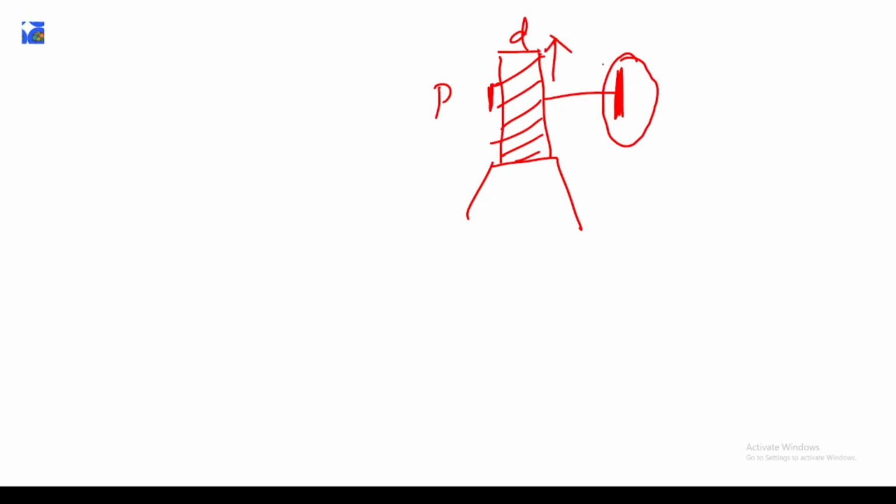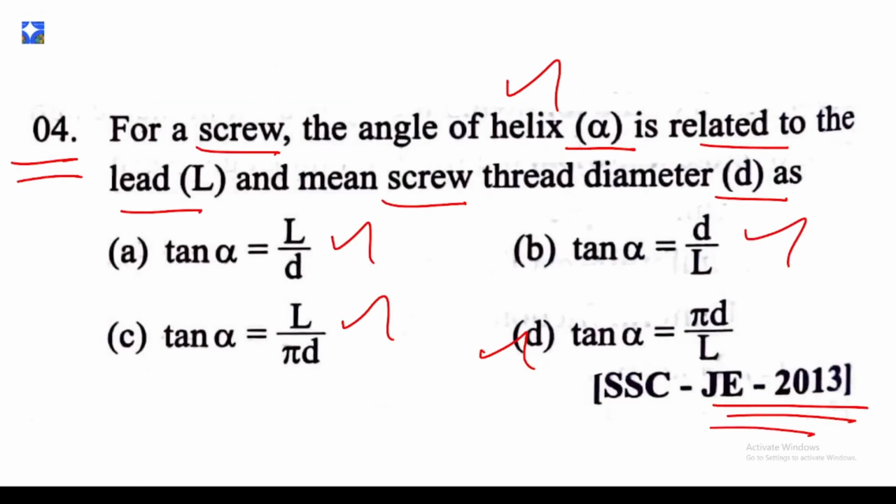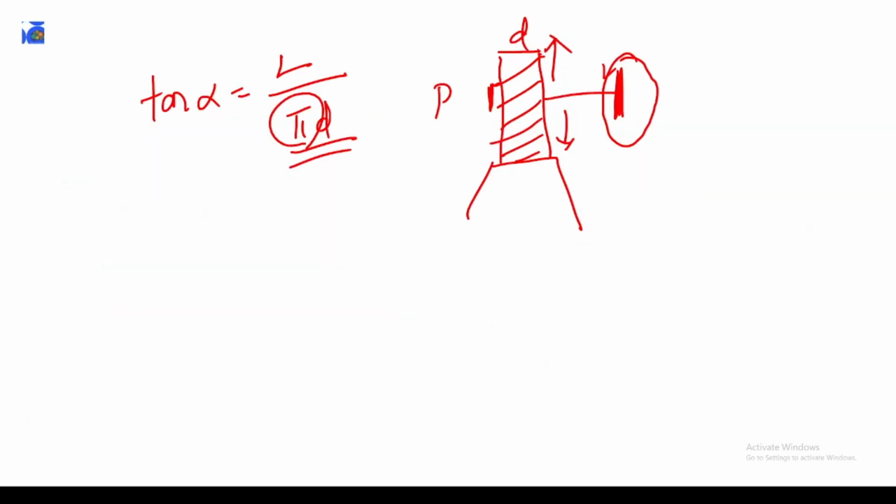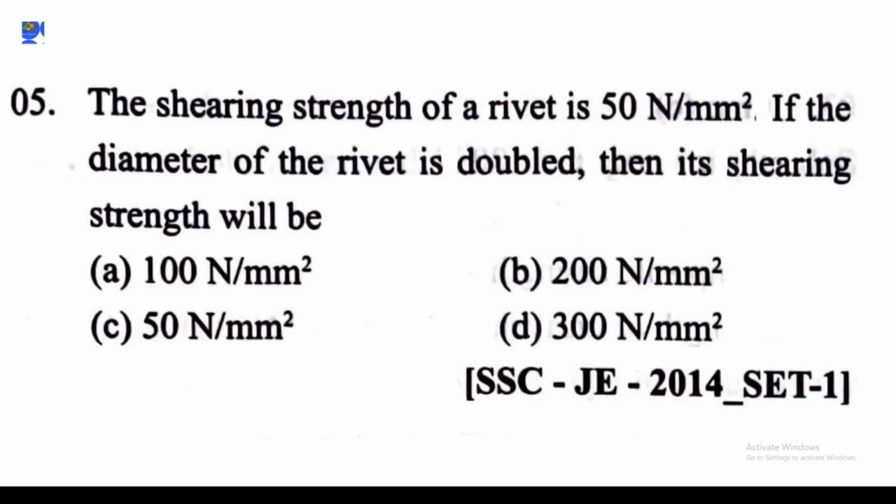If I rotate in one clockwise direction, and if I rotate in the anti-clockwise, it will come down by one thread, right? So in this fashion, I can relate this and remember that as tan alpha equal to lead value by pi d. Okay, so pi d, because it is a circular one. So you have to remember that. So if you get back to the options, option C would be the correct answer, tan alpha equal to L by pi d. Let's move on to the next question.